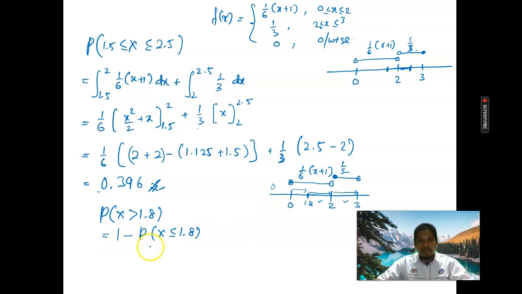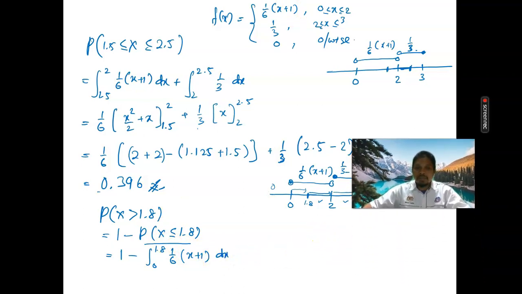So 1 minus this, we only consider the integral from 0 until 1.8. Easier, right? Now, 1 minus the integral from 0 until 1.8 of 1 over 6 times (x plus 1) with respect to x.